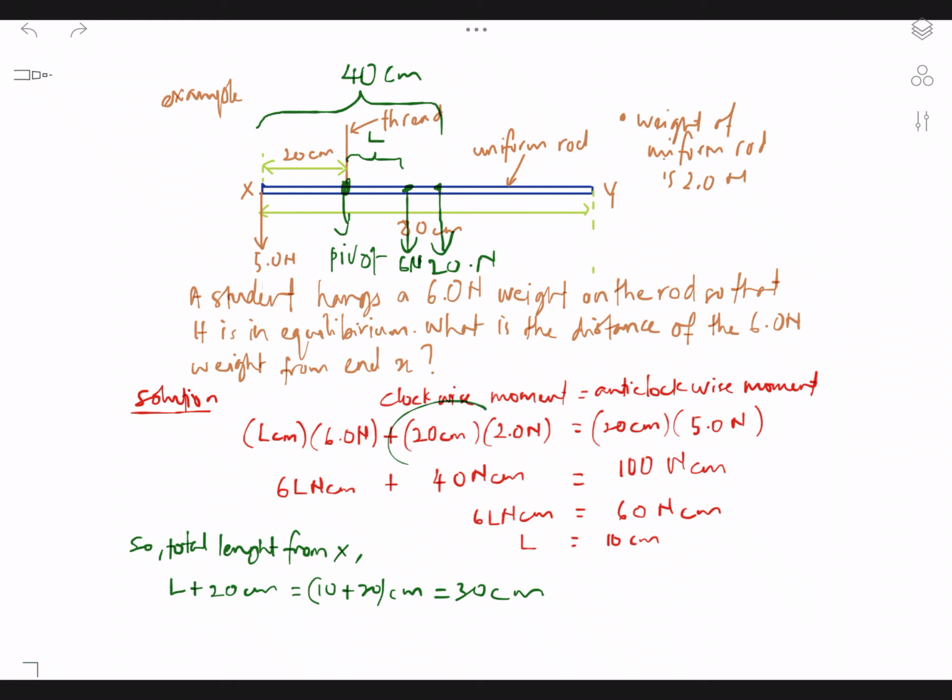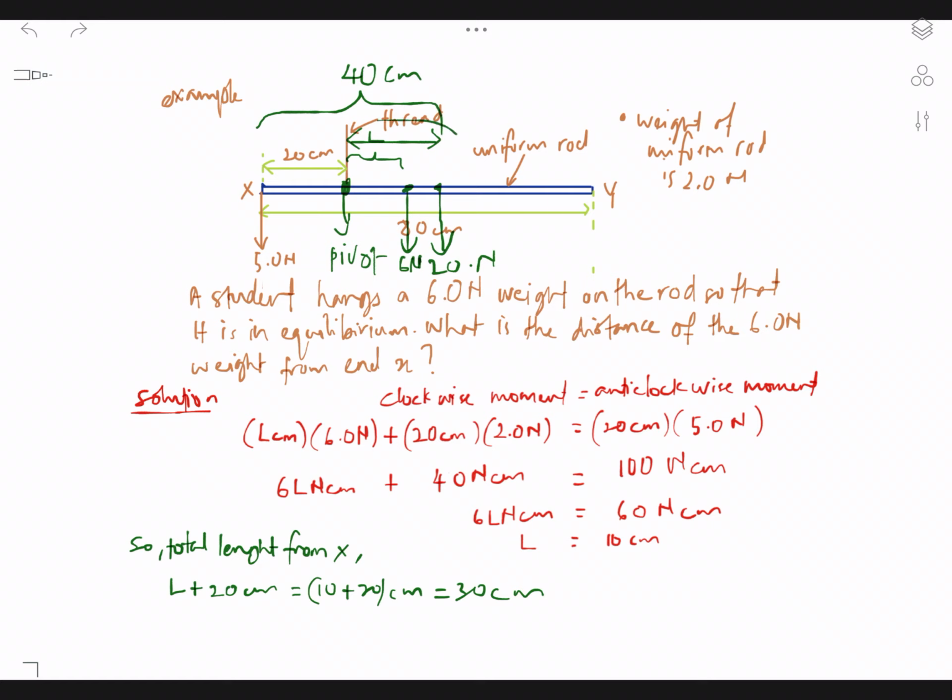Okay, 20 centimeter. 20 centimeter is the distance between the pivot, or the thread, to the middle of the rod. How do you know 20? It is 40 minus 20 centimeter. So that's why we have 20 centimeter.